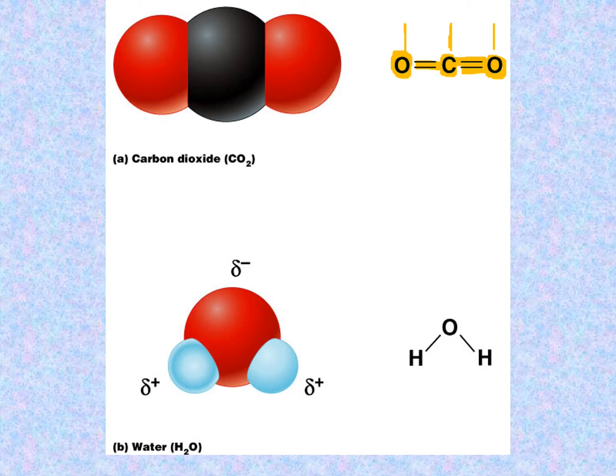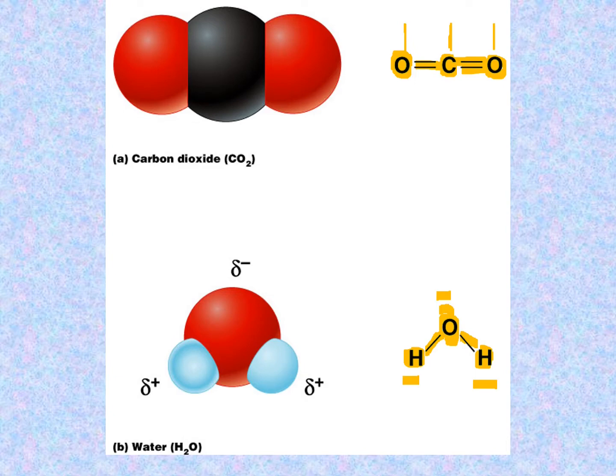However, in a water molecule, there are many other examples of polar molecules, but water is a really good one to talk about. In a water molecule, the electrons in the bond between this hydrogen and the oxygen, and between this hydrogen and the oxygen, spend a little bit more time with the oxygen as opposed to these hydrogens, making this molecule polar.